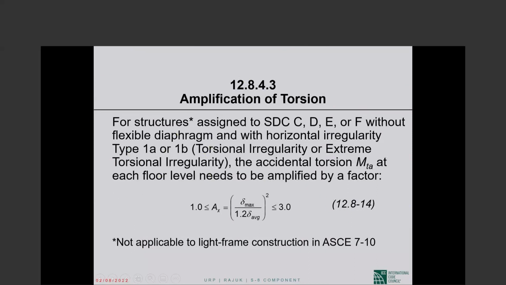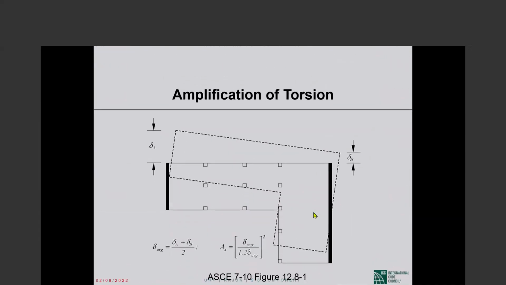So you have to design torsionally irregular buildings for the inherent torsion plus the accidental torsion amplified by the torsional amplification factor given here, and that factor can be up to 3. By now you know delta maximum and delta average very well.